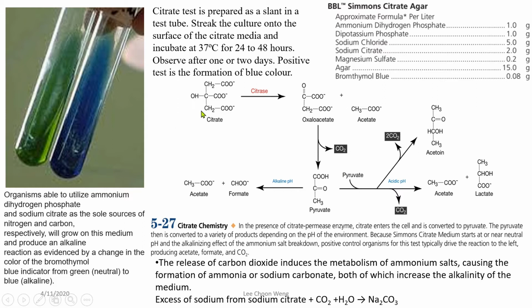As it utilizes the carbon, it will also metabolize the ammonium salts. This will release ammonia and also sodium carbonate, which increases the pH of the medium, and it changes from green to blue. So blue is positive for Simmons citrate agar, whereas green or no change is negative.